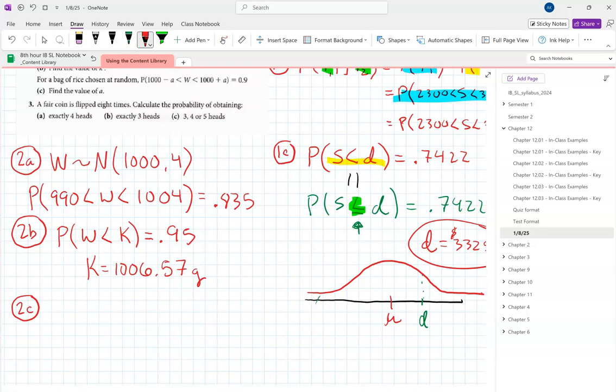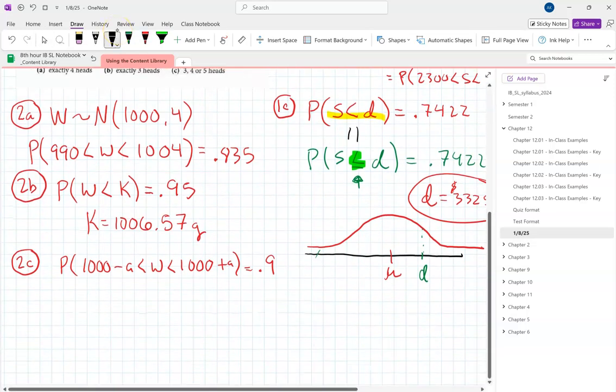(2C) says, for a bag of rice chosen at random, the probability that P of 1,000 minus A is less than W is less than 1,000 plus A is equal to 0.9. Find the value of A. So we have this, right?